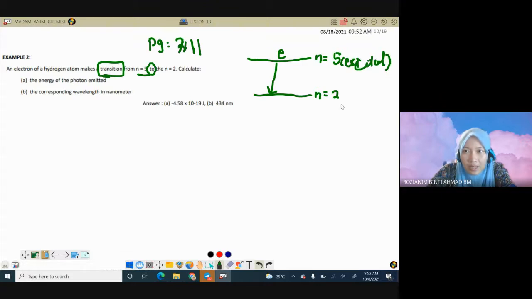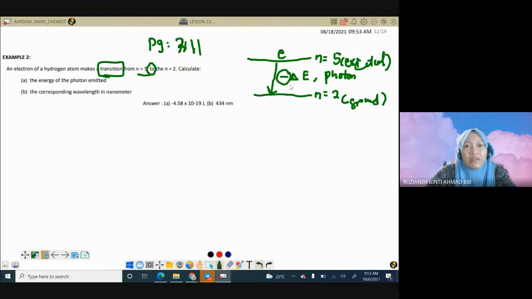Okay, and the number 2 is ground state. Okay, so when electron falls back, the concept postulate number 3 kata dia akan release energy, in form of photon. So in your calculation, you must get the energy in negative symbol.